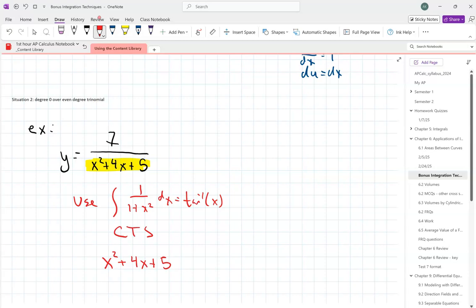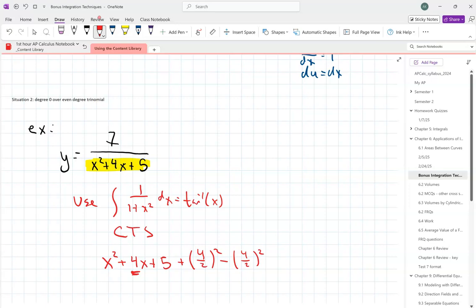So what we need to do is add the b term divided by 2 squared, and then I have to subtract it right afterwards, right?